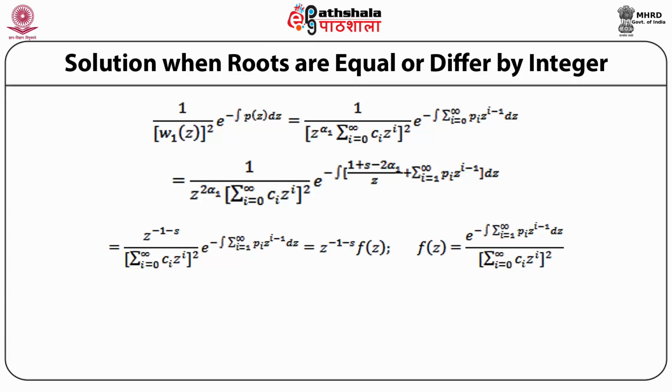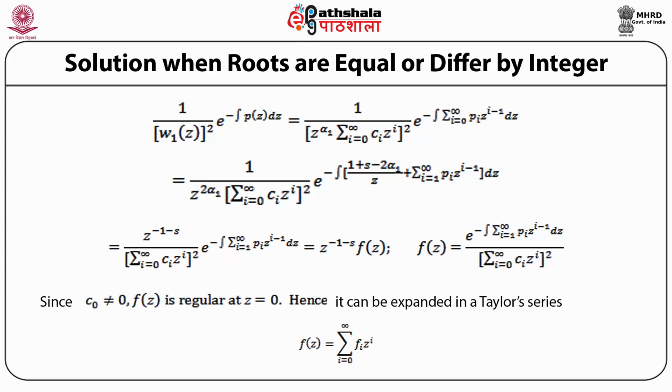This is equal to z raised to power minus 1 minus s into f of z, where f of z is equal to e to the power minus integral of summation i going from 1 to infinity p i z raised to power i minus 1 dz divided by square root of the term summation i going from 0 to infinity c i z raised to power i.